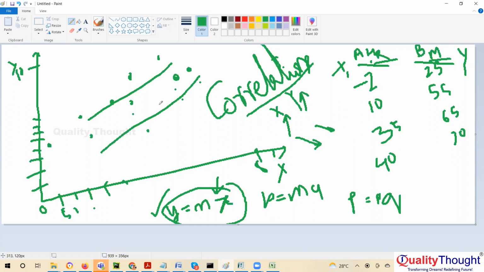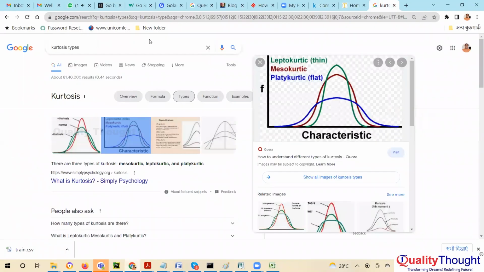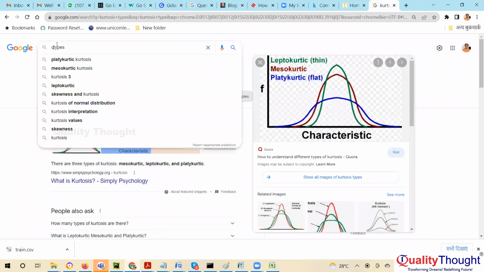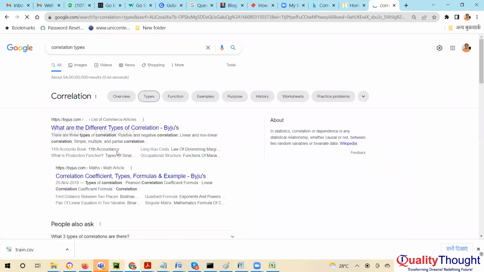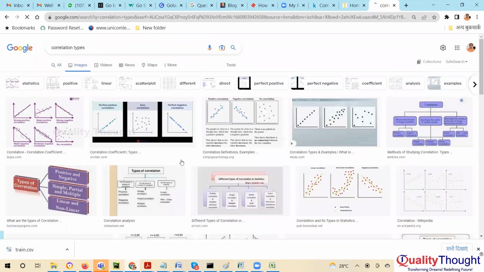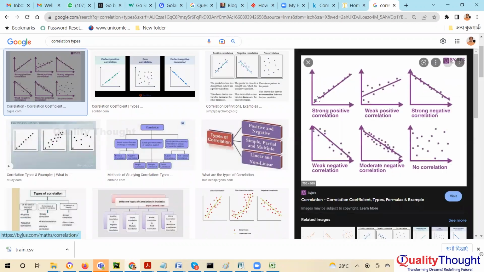We'll take one example here. Let's take this one. Now you see this. When x increases, y also increases. In the first graph, x increases, y also increases, so we call it positive correlation.